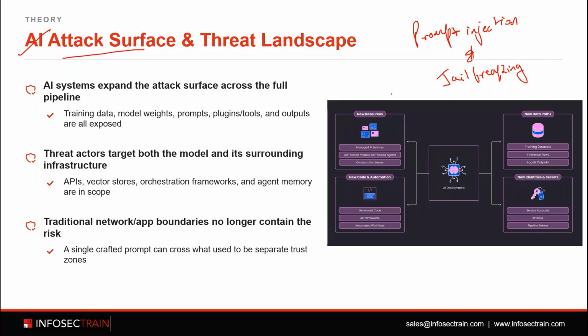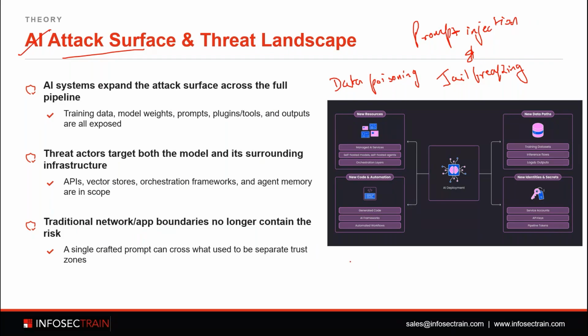Right. There can be data poisoning attacks. Now, when we're talking about data poisoning, it means manipulating training data sets to embed backdoors or biases, right? So if I say data set, it means the data that you are giving the model to learn, right?